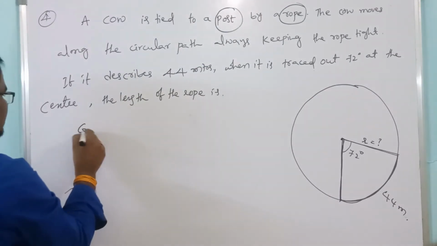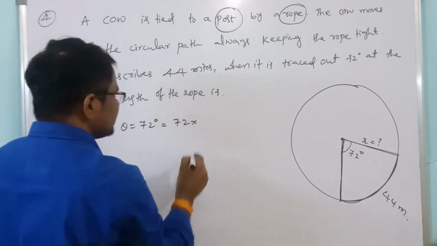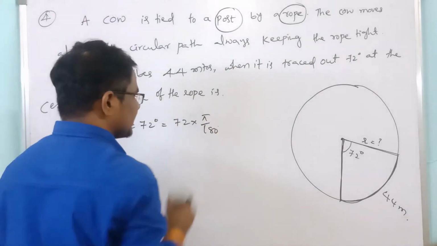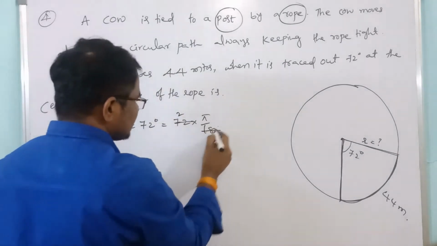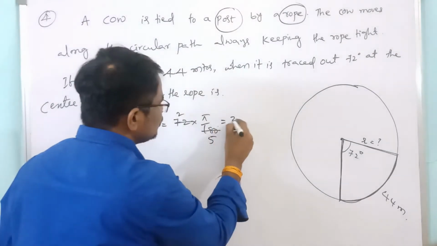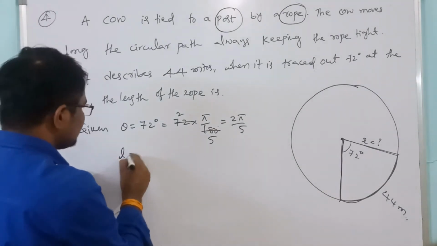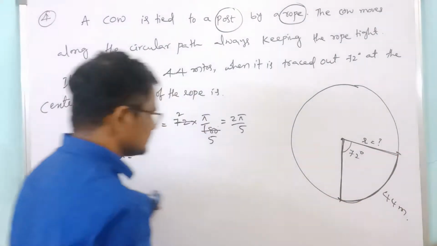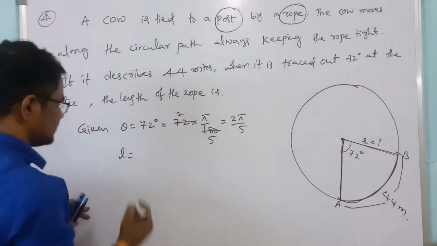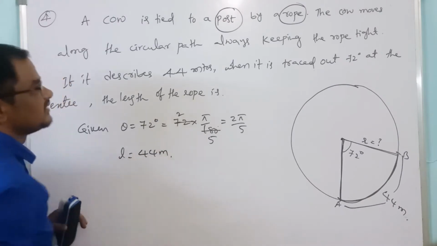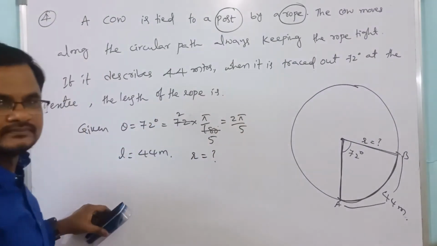Now given theta equals 72 degrees, that is 72 into pi by 180, that is 2 pi by 5. Next, L is the length of the arc from A to B, 44 meters given. Then they are asking R.